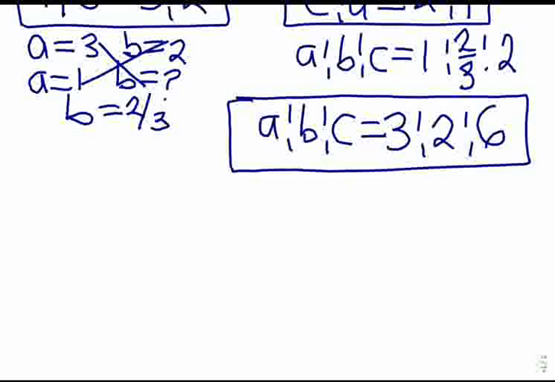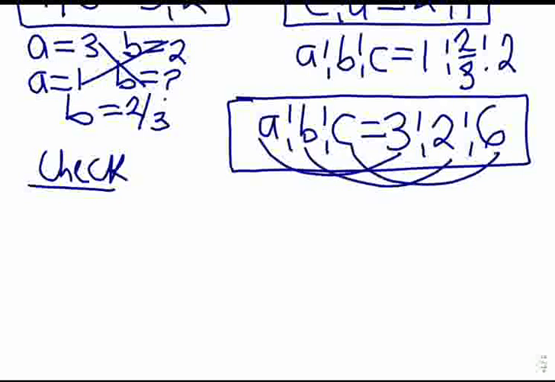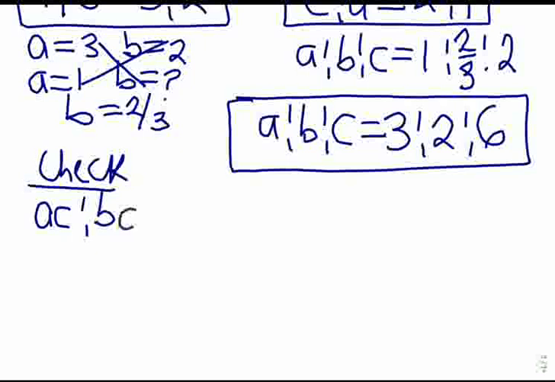Now, is my answer correct? Let's check if my answer is correct. I am saying that A is 3, B is 2, and then C is equal to 6. In the original question, we're given the ratio AC to BC to AB. Let's see if we are going to get the 3 to 2 to 1.